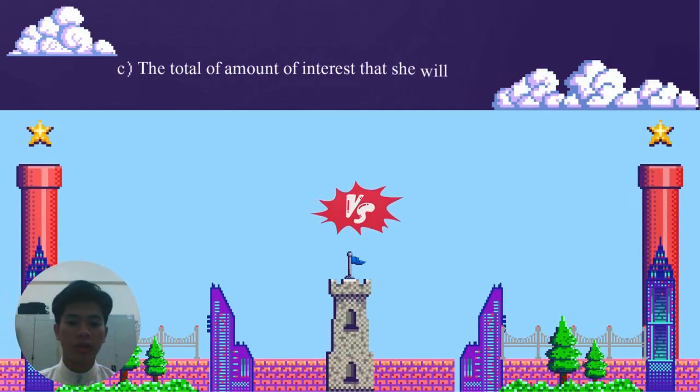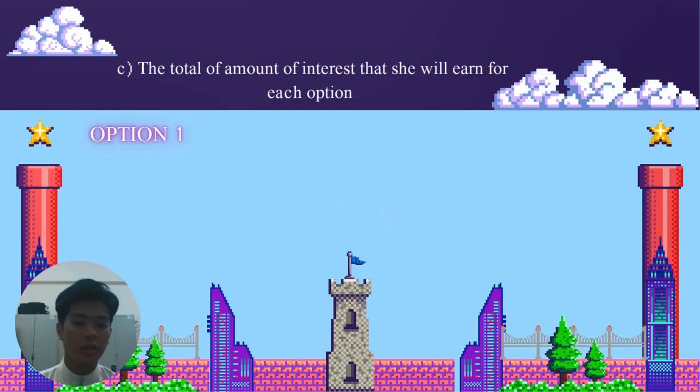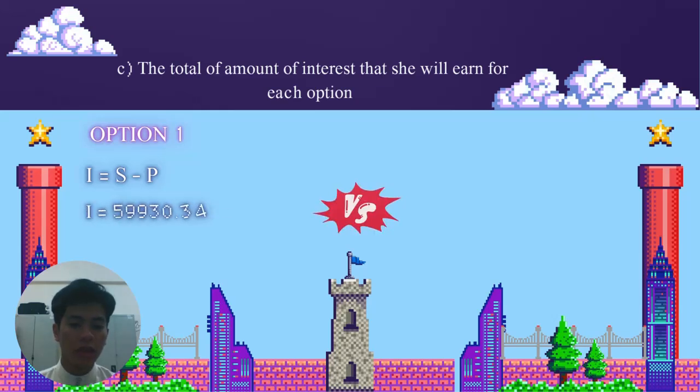For question 1C, the total amount of interest that she will earn for each option. Option 1. For this question, we can use the formula I equals S minus P. So we can directly find the total amount of interest by deducting 34,320 from 59,930 and 34 cent.